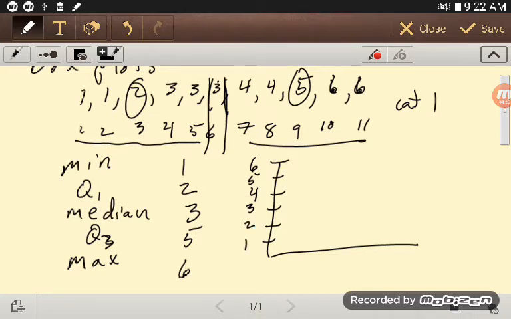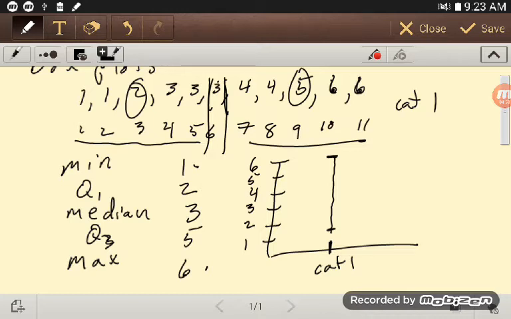Now, what I do is I draw a line, so here's category 1. I draw a line from 1 to 6. So I go from my minimum to my maximum. And you don't have to put little horizontal lines like that, but I often do. Then I make a box going from Q1 to Q3.